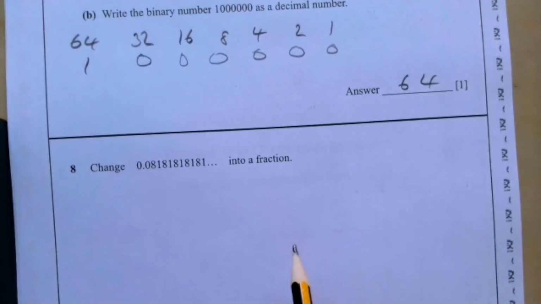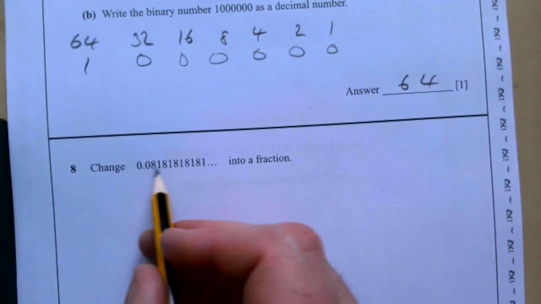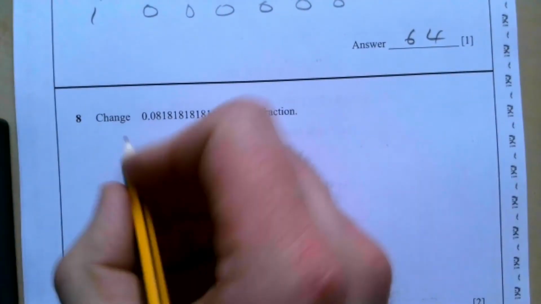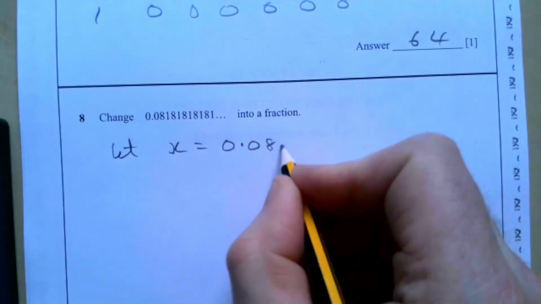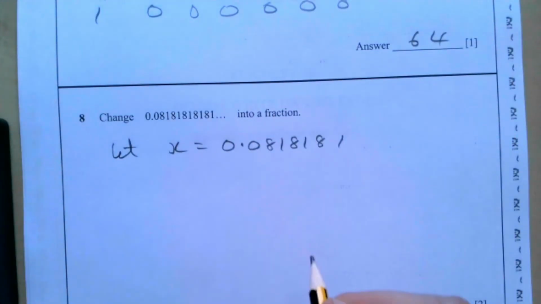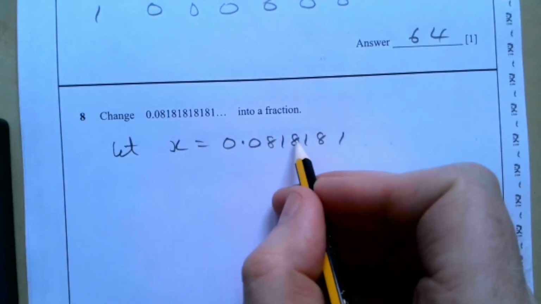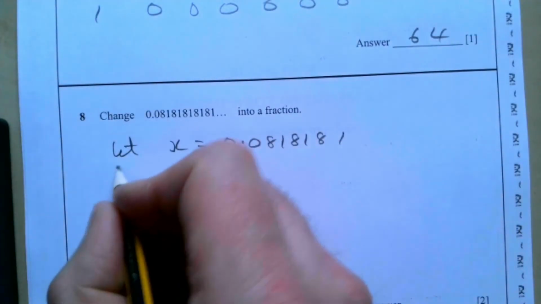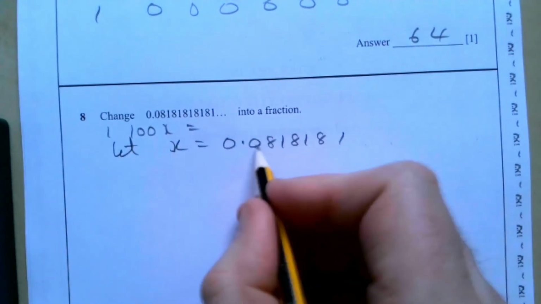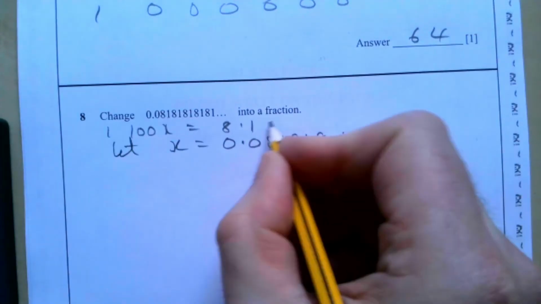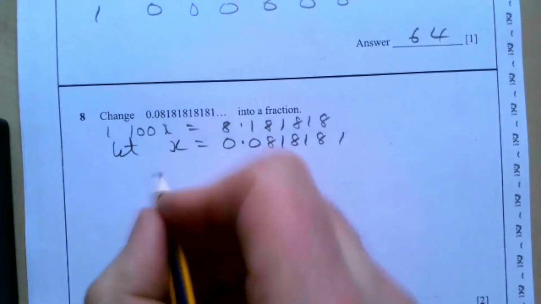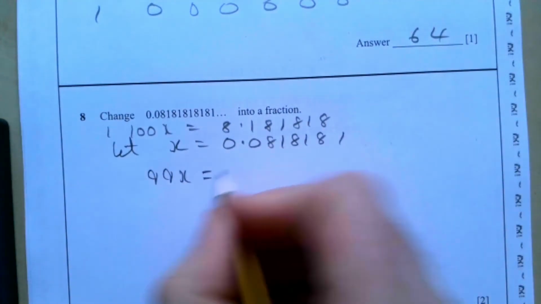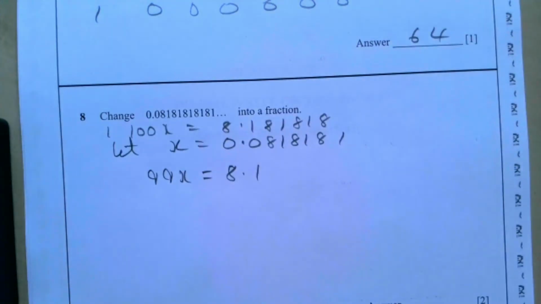Change this into a fraction, so we can see then there's two numbers repeating. So I will let x equal 0.081881..., and then I would times it by 100 because there's two numbers repeating. So I'm going to do it above actually. So 100x equals 8.18118... Once I subtract those, I get 99x equals 8.1.